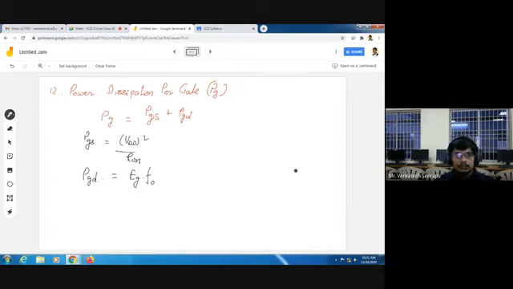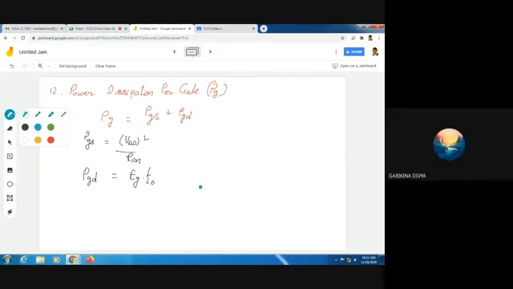PGS has a scaling factor of 1 by beta square. Why? Because VDD has a scaling factor 1 by beta, so VDD square means 1 by beta square. Ron has a scaling factor 1, so it is 1 by beta square. Similarly, what is the scaling factor for PGD? 1 by beta square.